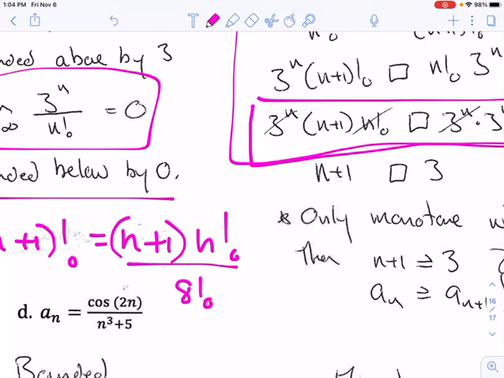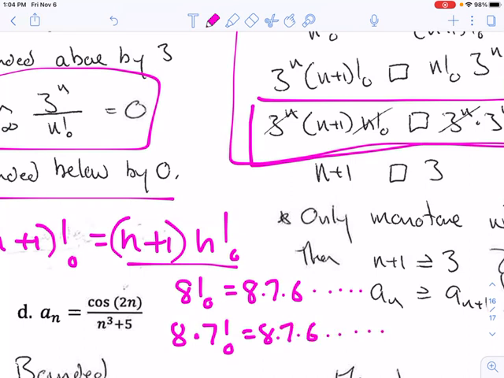What I'm essentially saying here is that 8! could be rewritten as 8 times 7!. Think about it. It's the same thing, because 8! is 8 times 7 times 6, on and on. 8 times 7! is 8 times 7 times 6, so that's what we're doing when we write it like this.